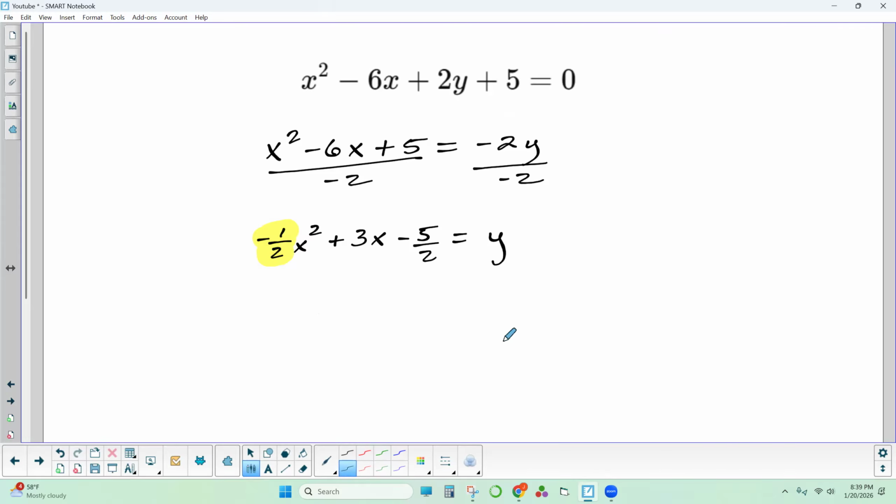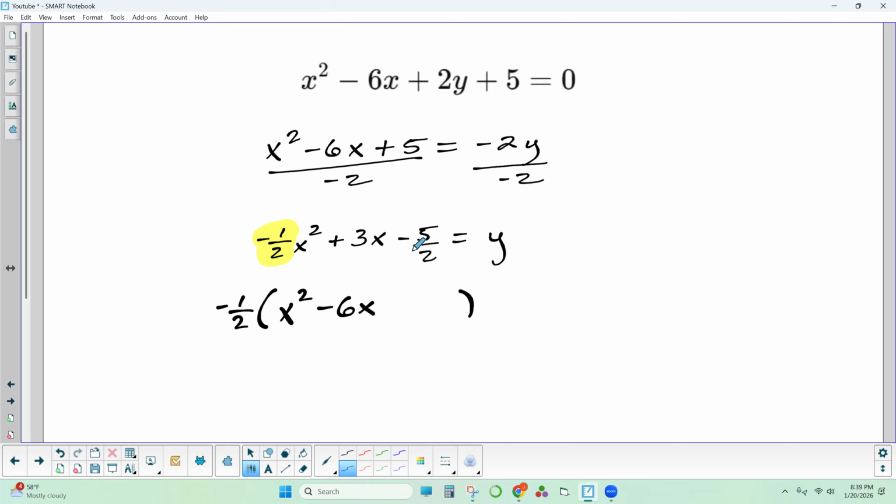So I am going to factor out negative 1 half. Negative 1 half times what will give me negative 1 half x squared? That's just x squared. What times negative 1 half will give me positive 3x? That will be negative 6x. Always multiply back and double check that.